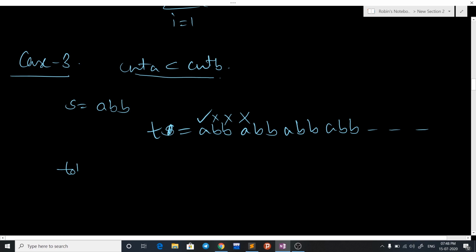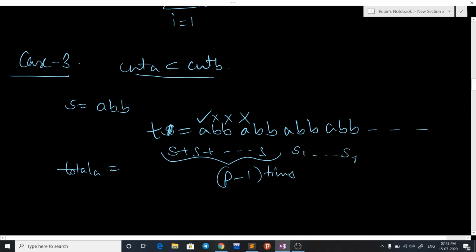Let's say if we are taking p terms total, and here like this, and these are p minus 1 times this is s1 sj, right?